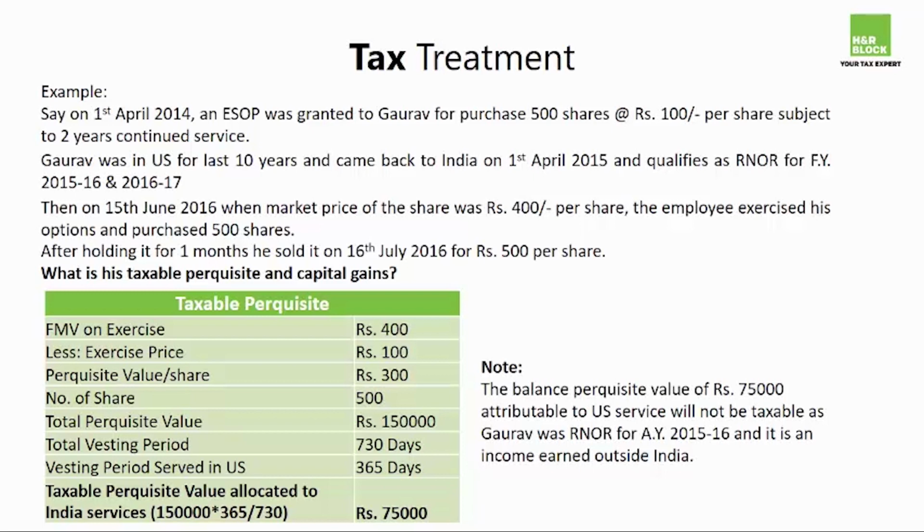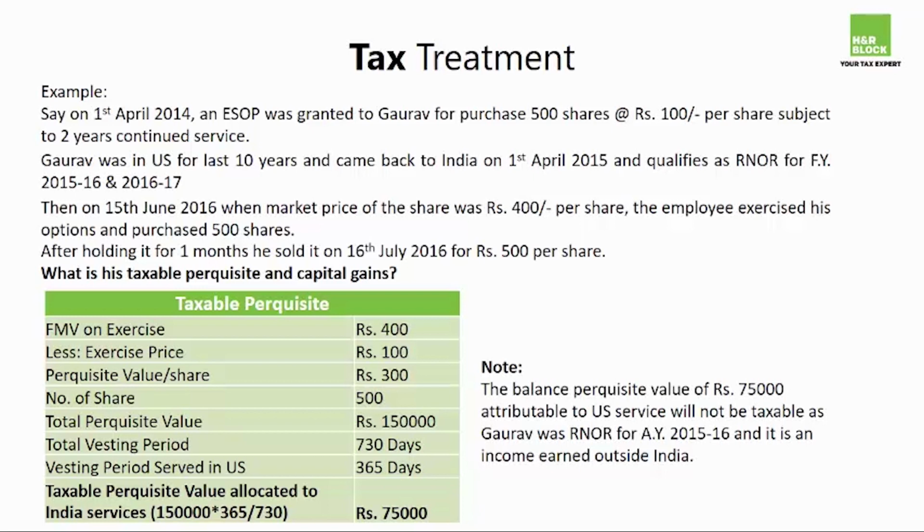But now the total vesting period is 2 years, that is 730 days. Out of this 730 days, some of the vesting period was served outside India, that is in the US. He came back to India on 1st April 2015 and the options were granted to him on 1st April 2014.